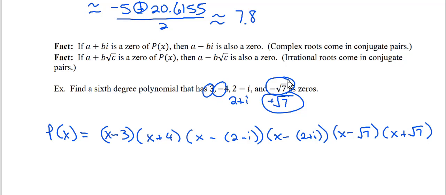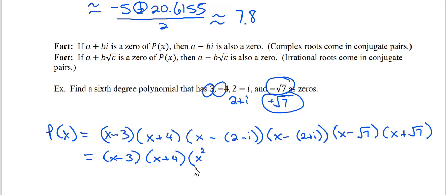Remember, it's always x minus whatever the root is. We do not typically see polynomials this way. I am going to leave those in factored form, but we don't typically see imaginary numbers in a polynomial, and even to have these roots here is a little unusual. So I'm going to distribute out these two and see what happens.